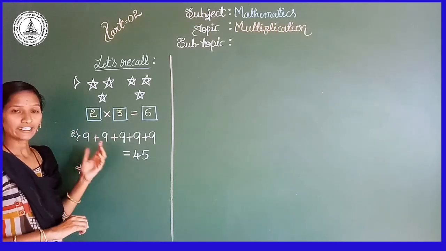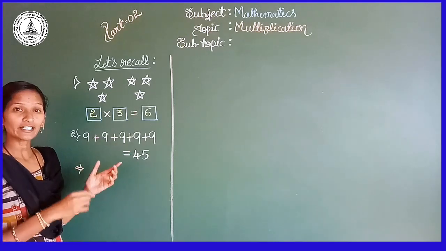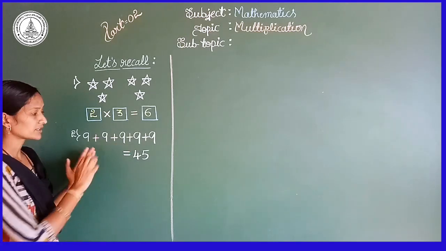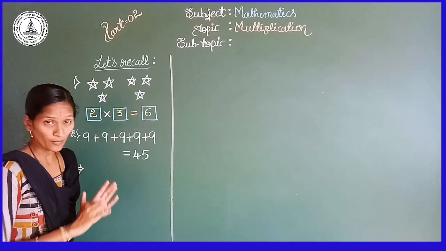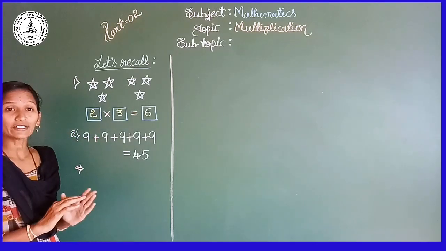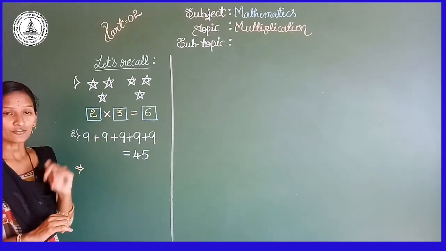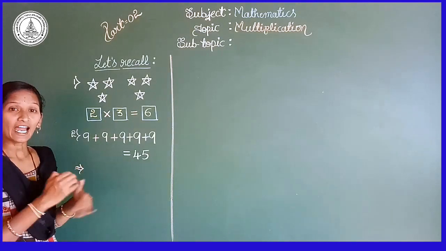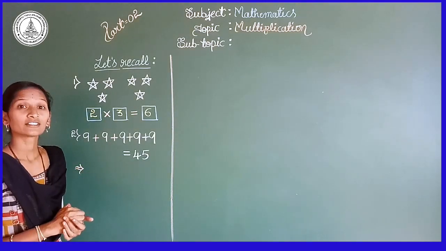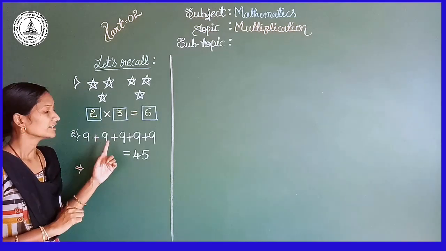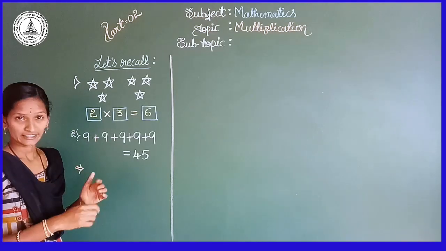In that they already gave the repeated addition, meaning the numbers they gave in repeated addition form. So now you have to write it in the form of a multiplication fact. For which number are they adding repeatedly here? They add the number 9 repeatedly, right?